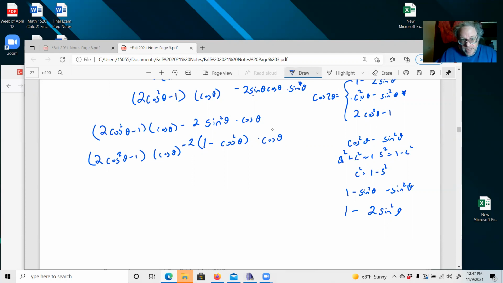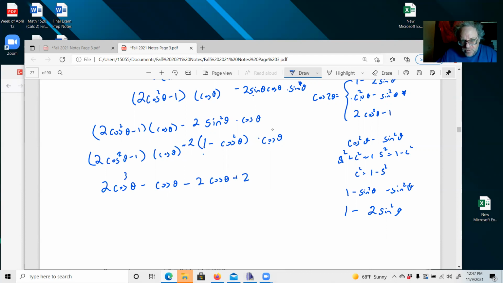Minus here. Okay, so now we're going to distribute. We're going to say 2 cosine squared times cosine, that's 2 cosine cubed, cosine squared times cosine, minus cosine theta, minus twice cosine theta, because this comes in, minus twice, oh, nope, sorry, not minus.